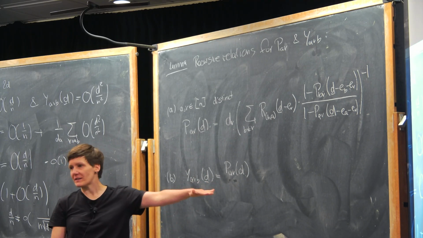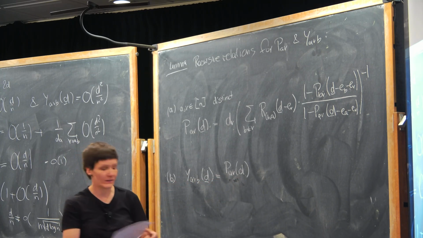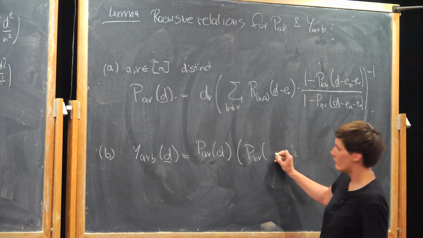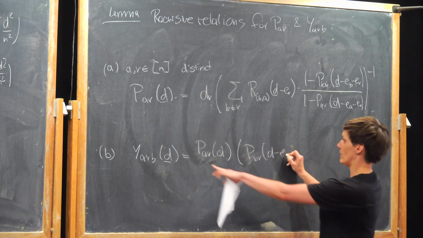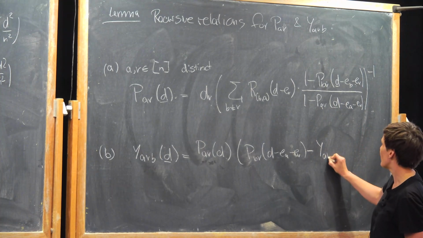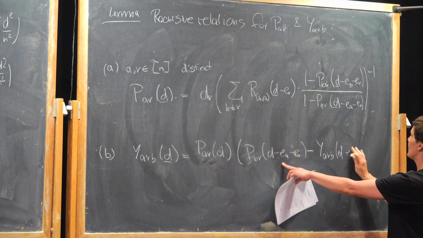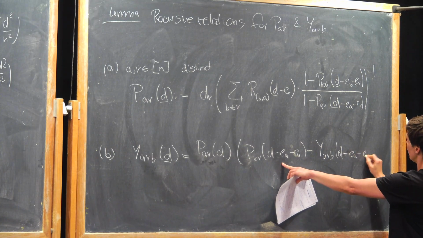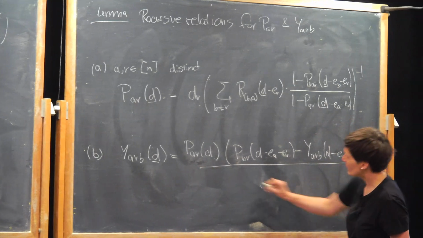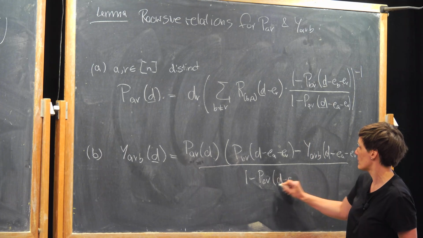And now what I see is basically the probability that VB is an edge, conditioning on that AV is an edge, which is equal to PBV of a reduced sequence, EA minus EV, minus the probability I have both edges in the same reduced sequence. And I divide by 1 minus the edge probability of AV in this reduced sequence.